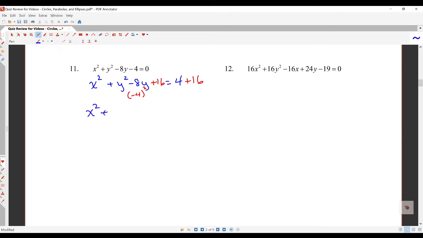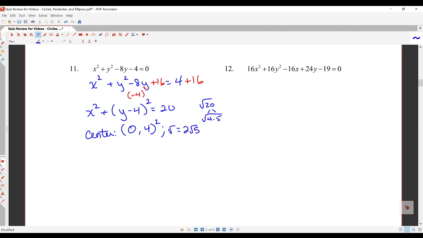So we have x squared plus (y minus 4) squared equals 20. So the center is at (0, 4). And r is the square root of 20, which breaks up into 4 and 5. So we get 2 times the square root of 5.